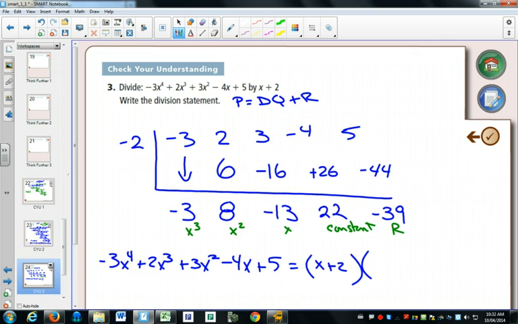So I'm going to get minus 3x cubed plus 8x squared minus 13x plus 22, and the remainder is minus 39. So I'll write minus 39 at the end. And this is synthetic division.